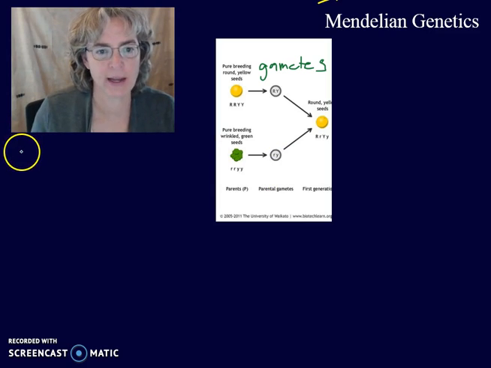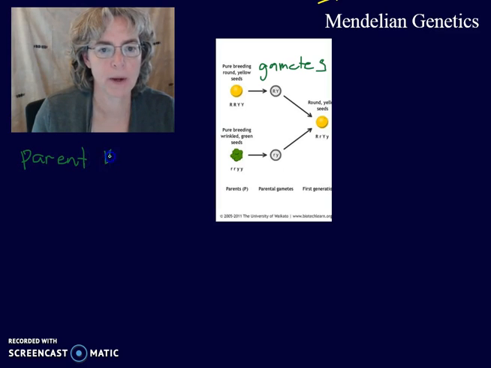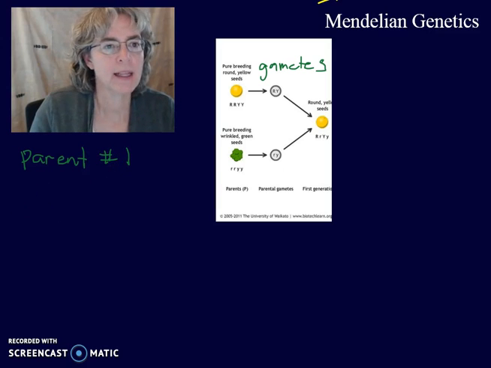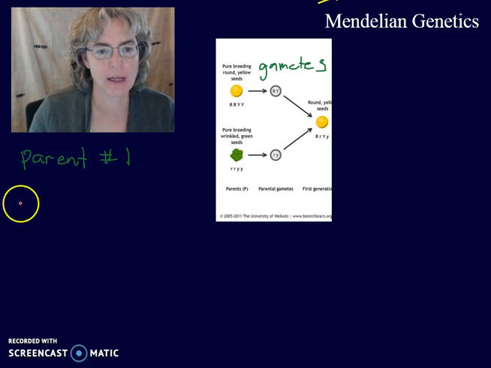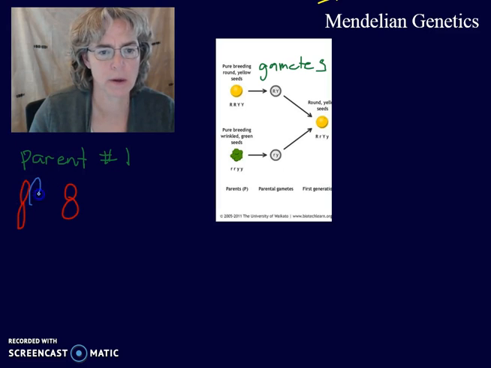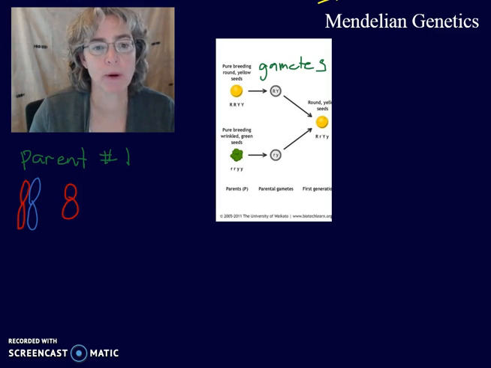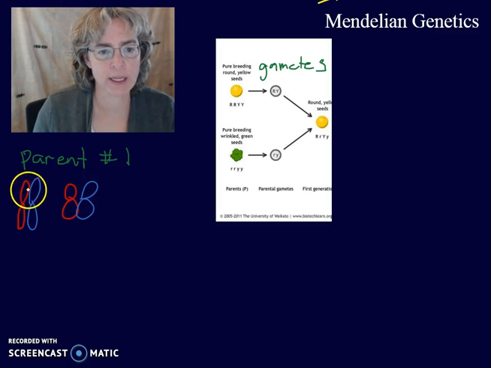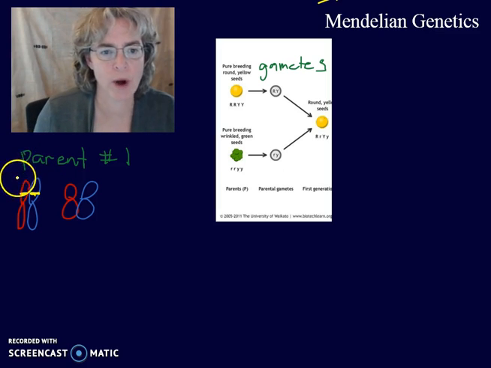So let's take a look at parent number 1. And let's take a look at the chromosomes. It really does help me to see the alleles on these chromosomes. So we've got 2 chromosomes, remember, because we've got 2 traits. There's an allele right here, and it starts with round.